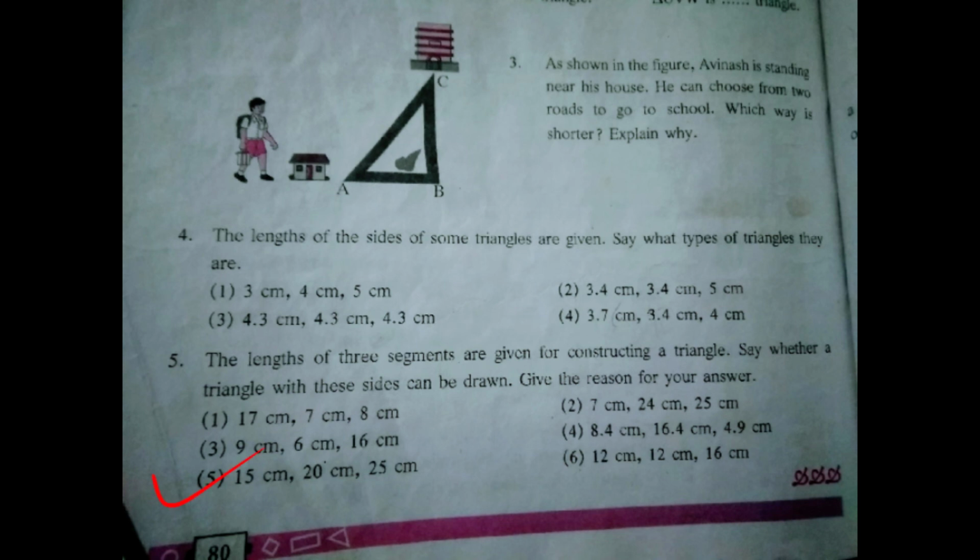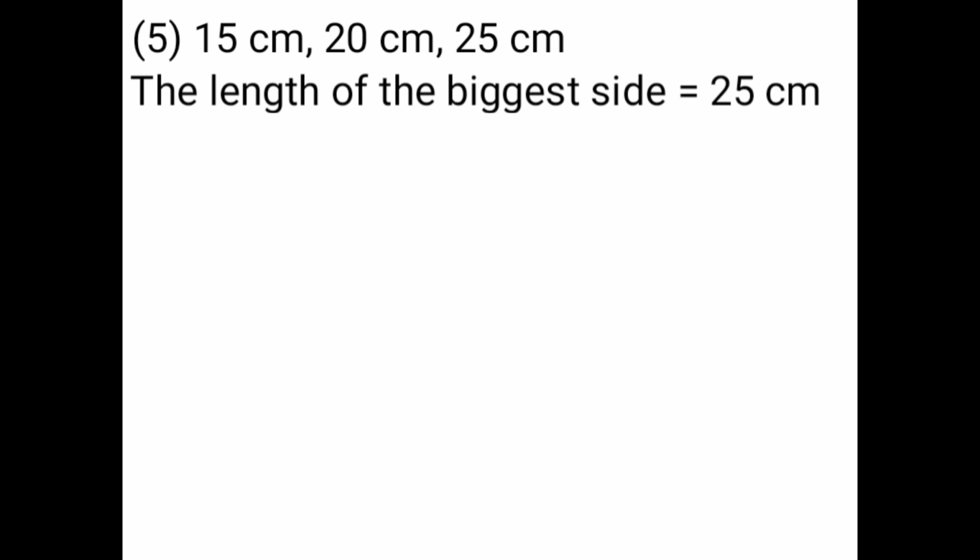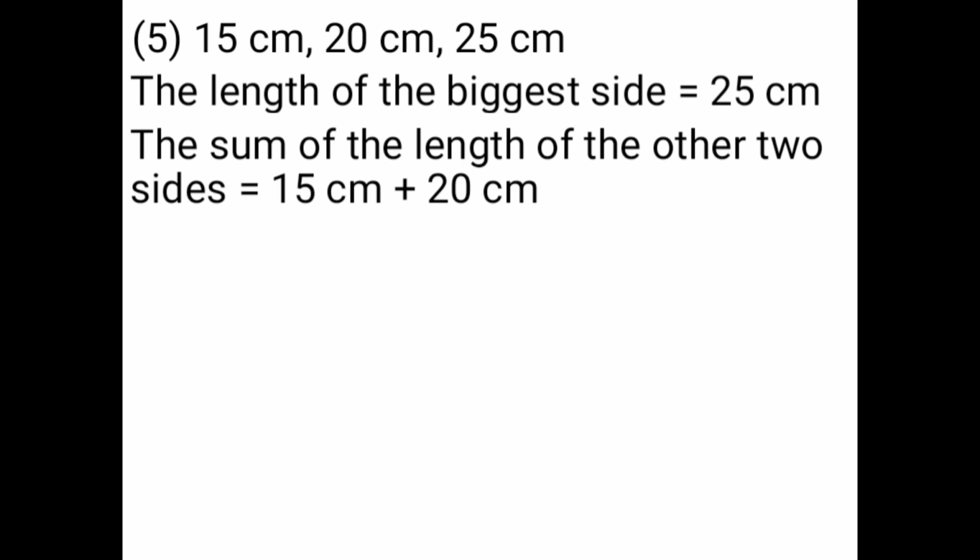Next, fifth one: 15 centimeter, 20 centimeter and 25 centimeter. Which is the longest side? 25 centimeter. The length of the biggest side is 25 centimeter. The sum of the length of the other two sides is 15 centimeter plus 20 centimeter.